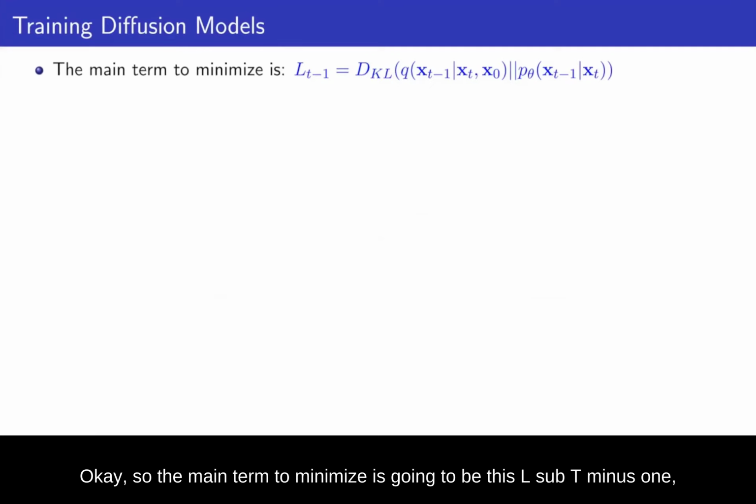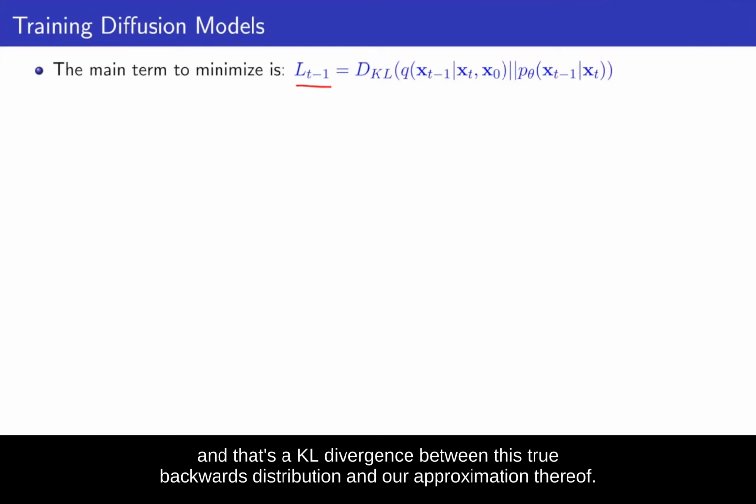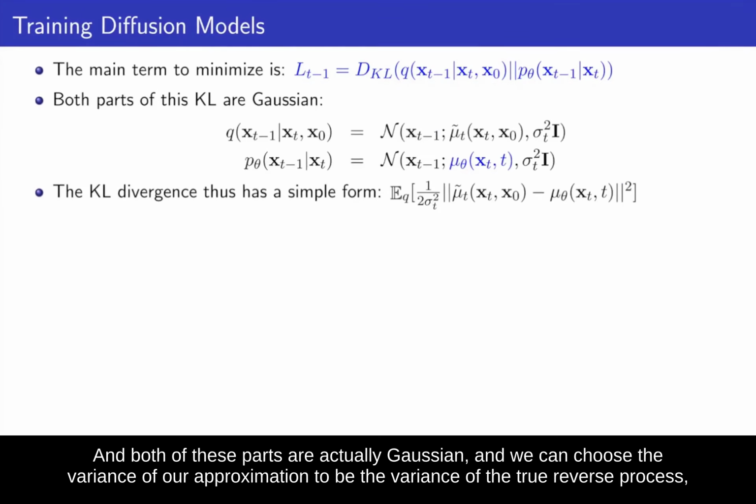Okay, so the main term to minimize is going to be this L sub t minus 1. And that's a KL divergence between this true backwards distribution and our approximation thereof. Both of these parts are actually Gaussian, and we can choose the variance of our approximation to be the variance of the true reverse process.